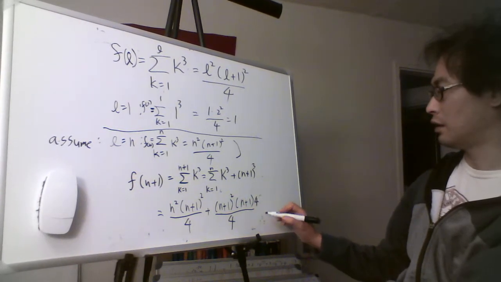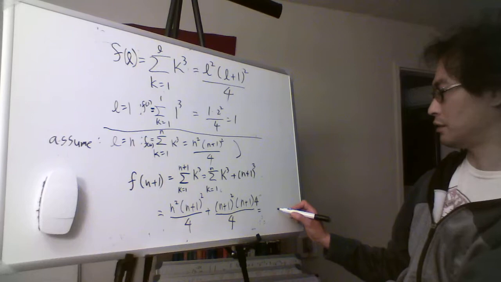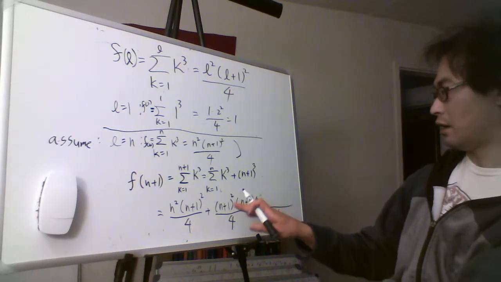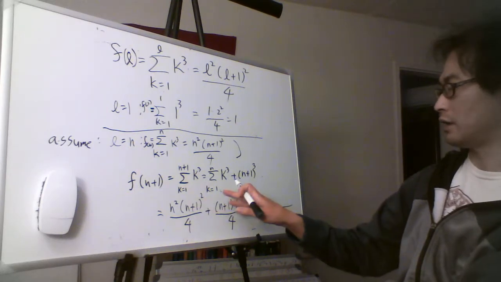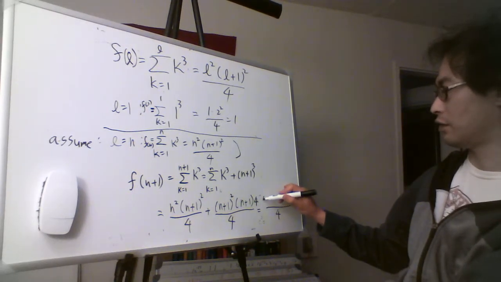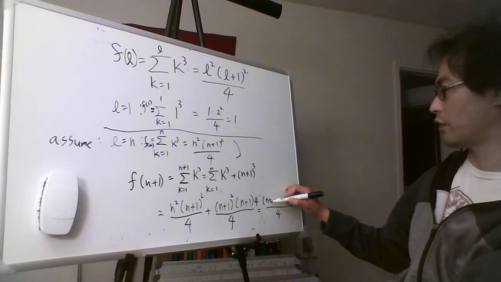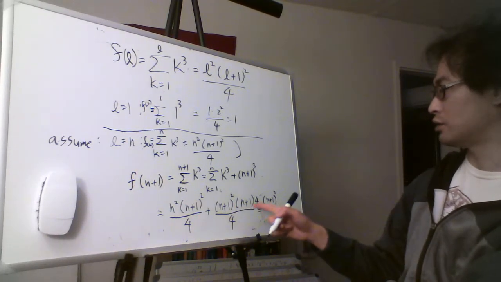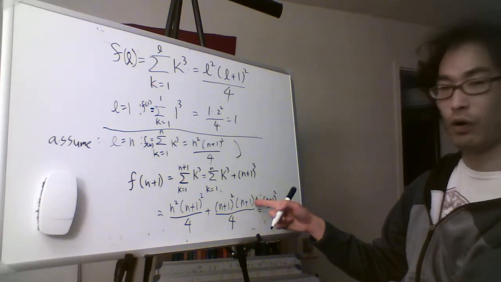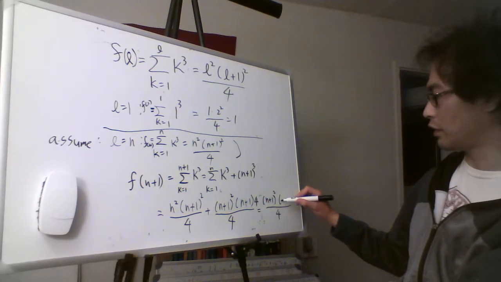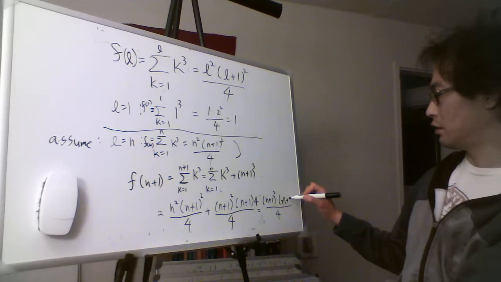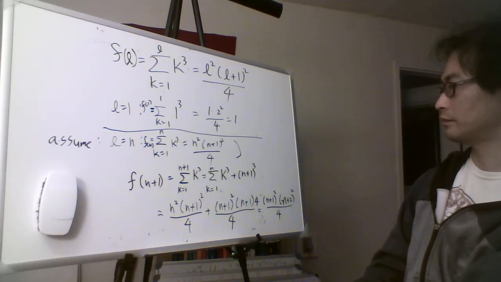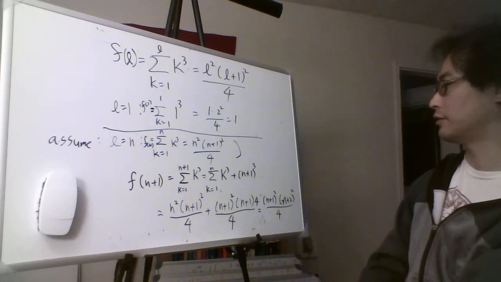And that becomes n plus 1 squared over 4 as the common factor, and now you have n squared plus 4n plus 4, which is n plus 2 squared, okay? So that's the proof.